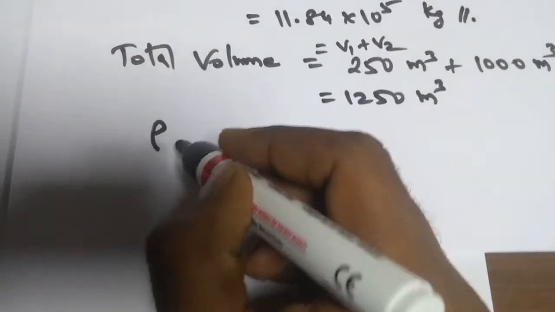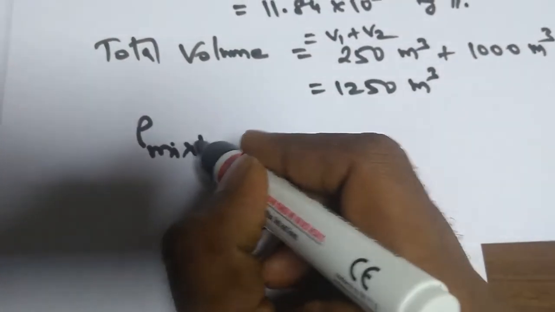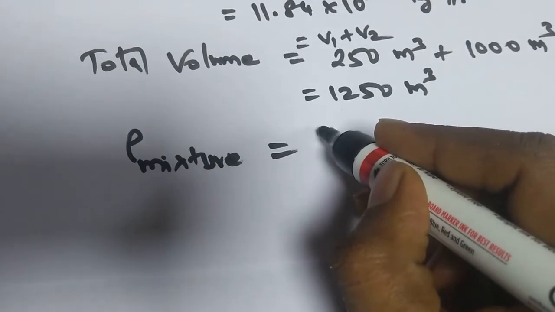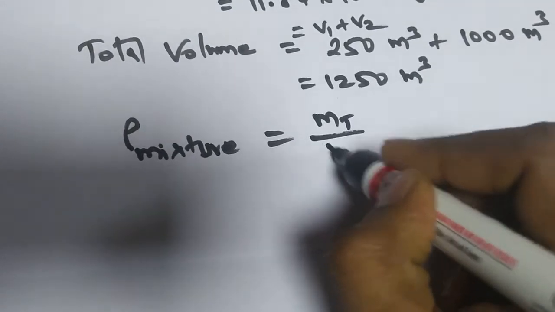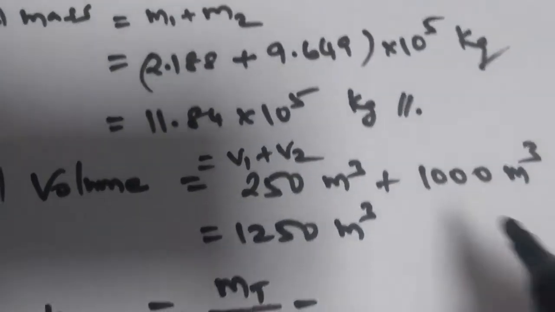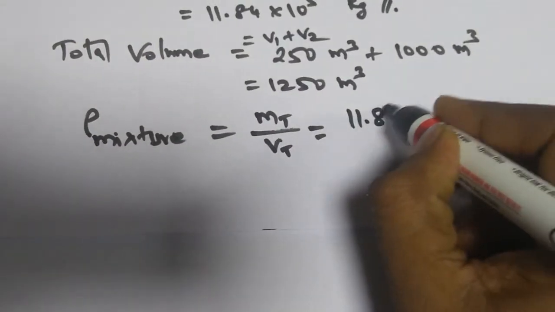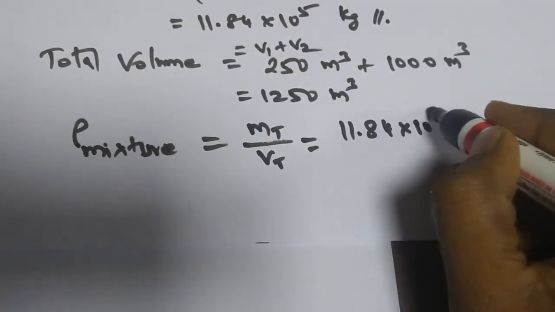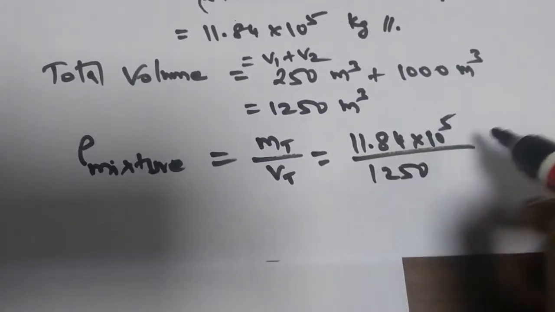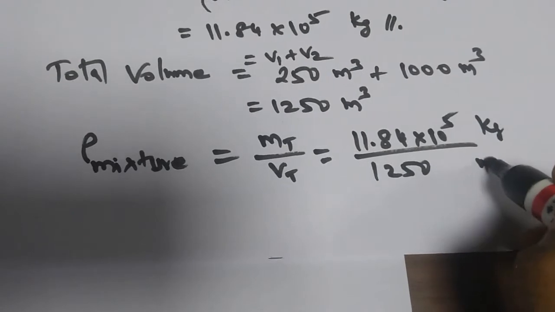Then the density of the mixture is equal to mass total by volume total. Mass total is 11.84 into 10 power 5 divided by volume total, which is 1250. This is kg, this is meter cube.